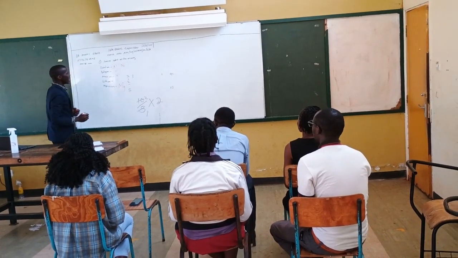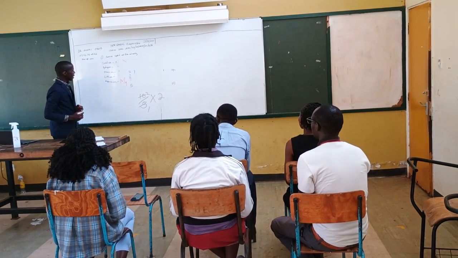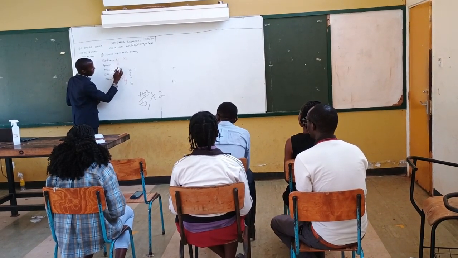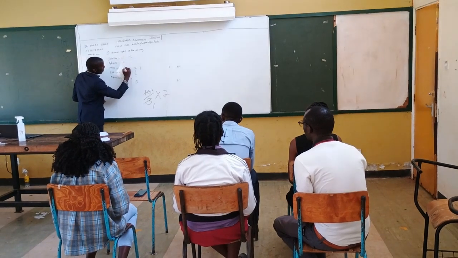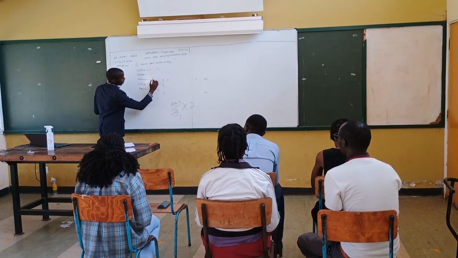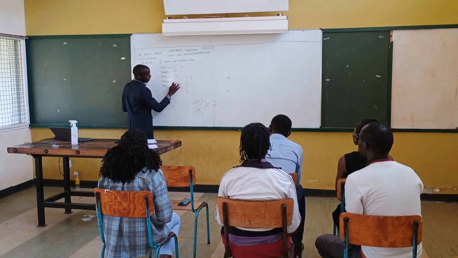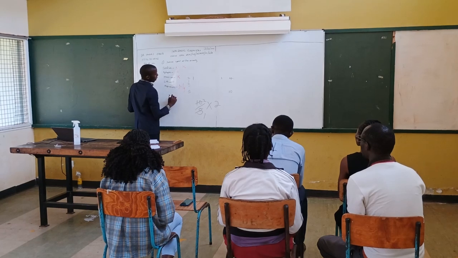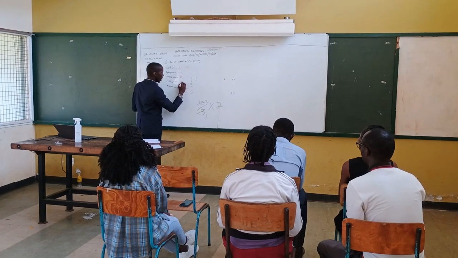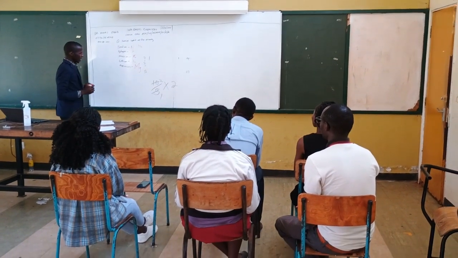Then hydrogen, you wrote it correctly. Potassium, not sure whether this is a capital or small, but it's supposed to be a capital K. Then for lithium, the L is small, which is wrong. It's supposed to be a capital L and a small i. Then for magnesium, it's correct.